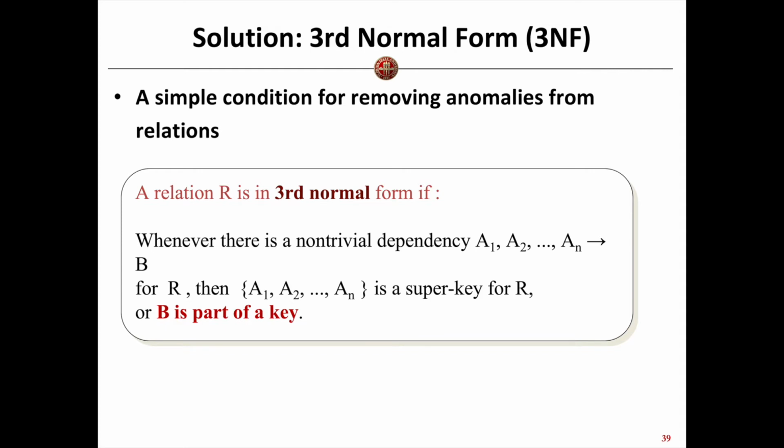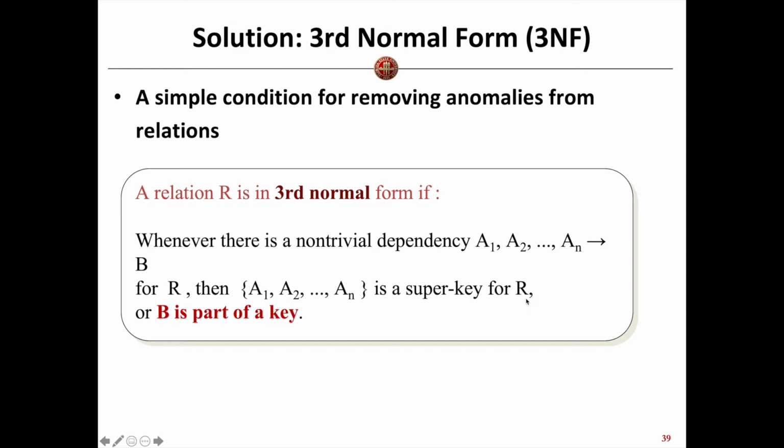Given a relation, we can say a relation R is in third normal form if and only if whenever there is a non-trivial FD, A1 to AN implies B, for the relation, then the head of this FD, A1 to AN, is a superkey for the relation.